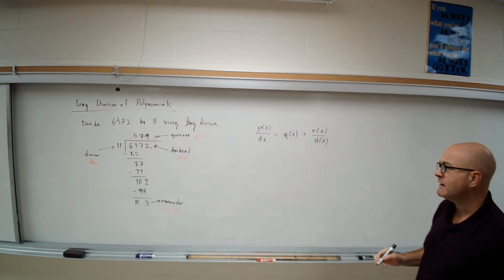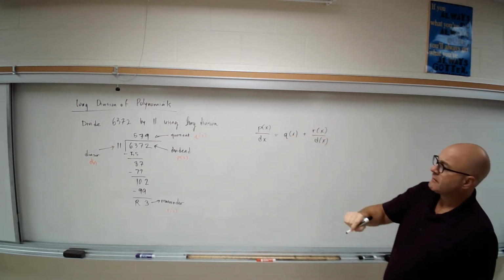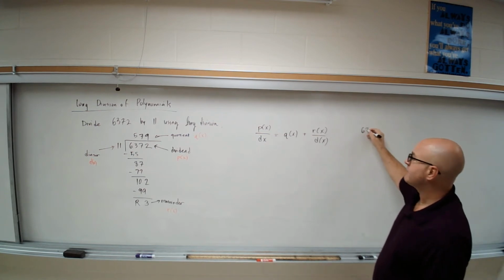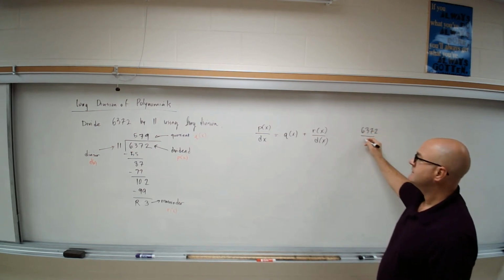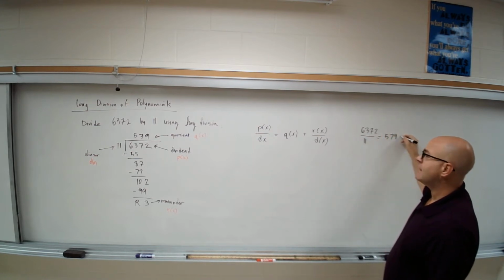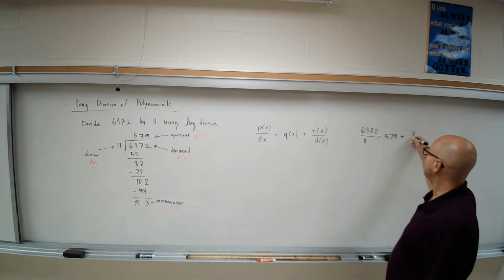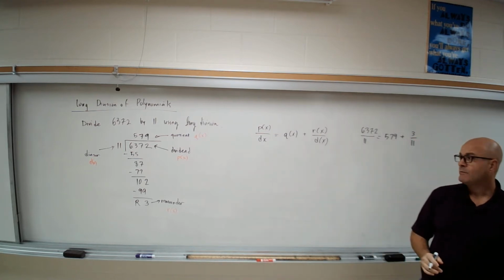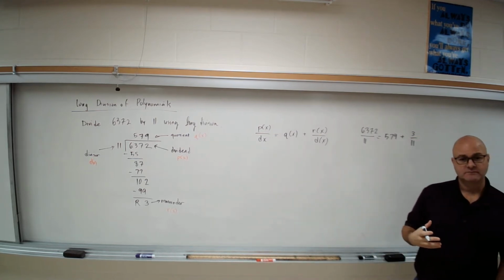That is one way it could be written out. So in terms of our numbers, that would mean 6,372 divided by 11 is 579 plus 3 11ths. That would be one way that you could write this answer out.